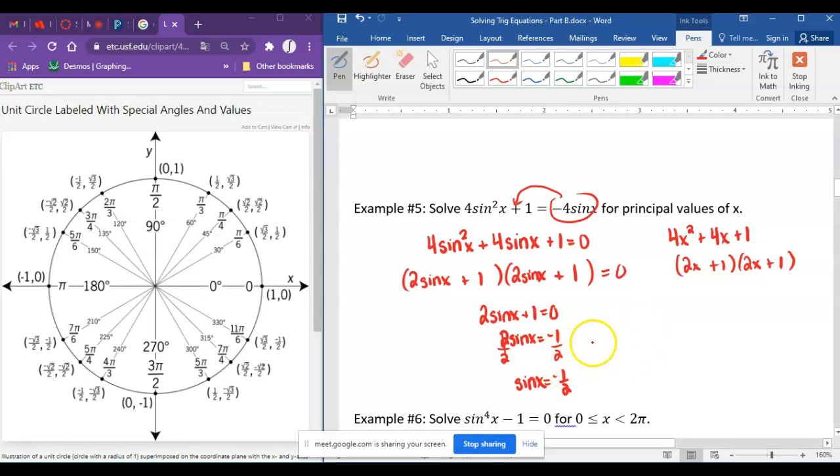So instead, we want to give x equals negative pi over 6 here, which is equivalent to 11 pi over 6, but does still fall between negative pi over 2 and pi over 2. That will be our only answer for this one because both of those are the same factors. Okay, questions?